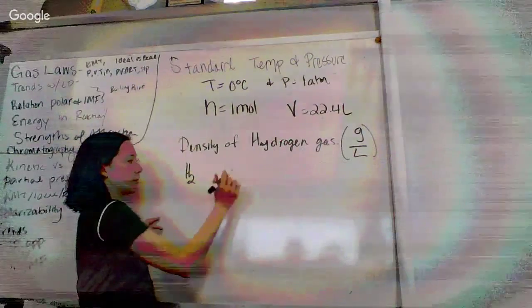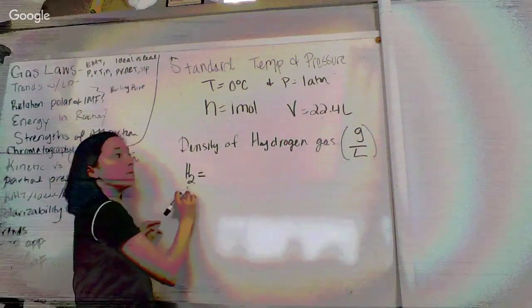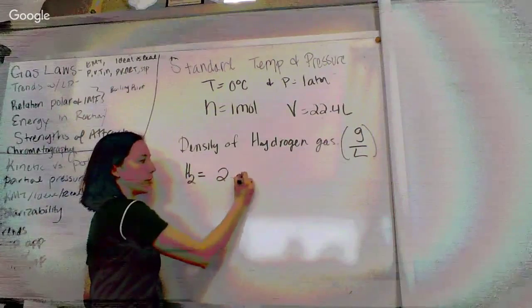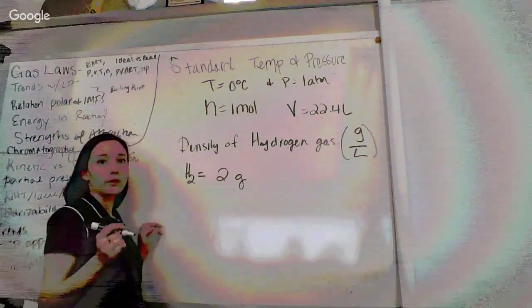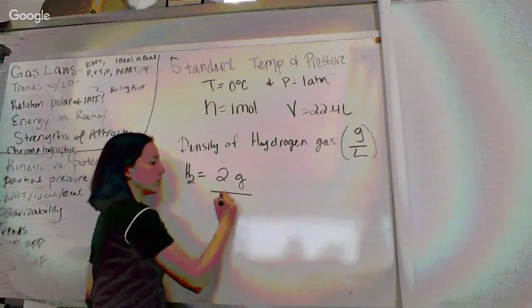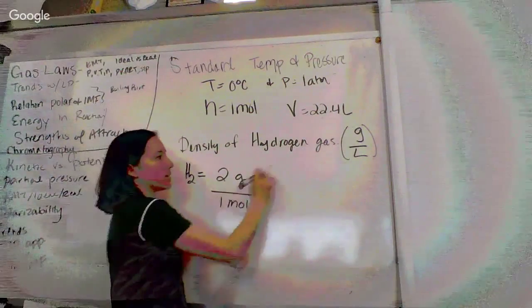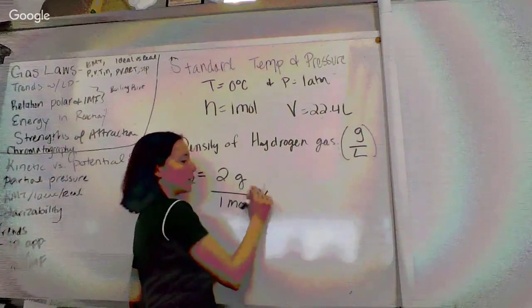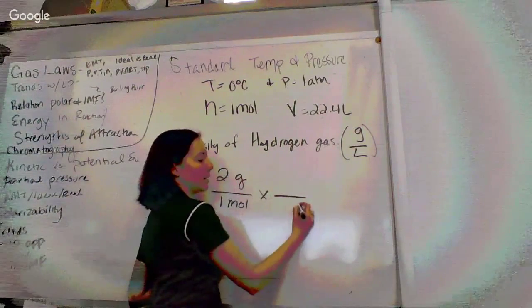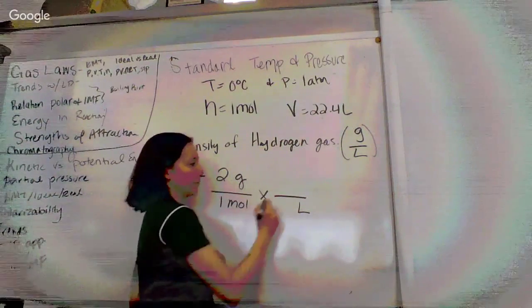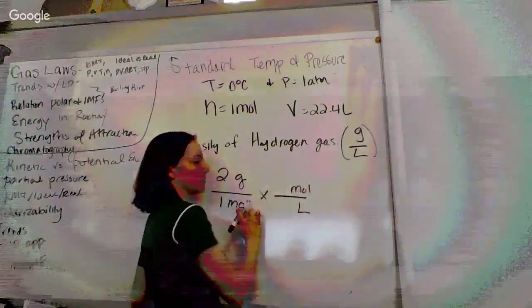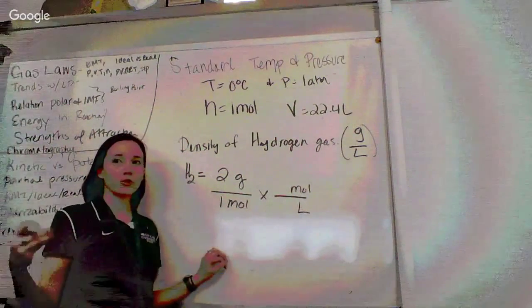Given this information, I know hydrogen's molar mass is 2 grams per mole. That's the number of grams that you get for 1 mole. If I need to get it to grams per liter, I've already got grams on the top. Now I need liters on the bottom, and I need to cancel out moles. So I need some sort of relationship between the two.